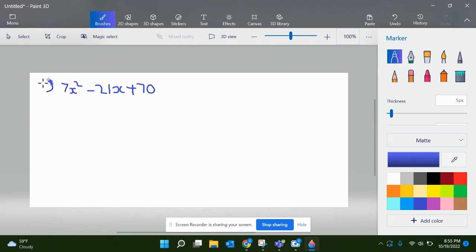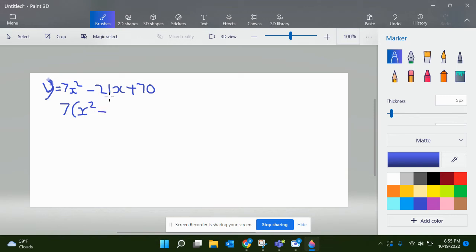Okay, so of course this is y is equal to that. Let's make that a weird looking y. Okay, first thing I notice about this, guys, is that each coefficient is divisible by 7. Okay, so I'm going to factor out a 7 out of each piece. When I factor out a 7 out of the first, I'm left with x squared, which is nice.